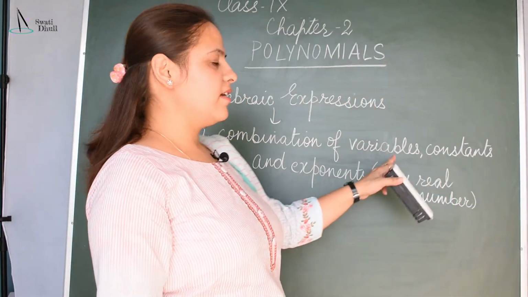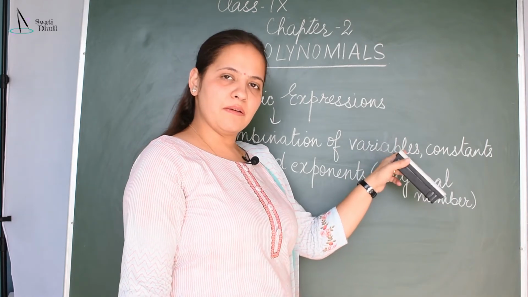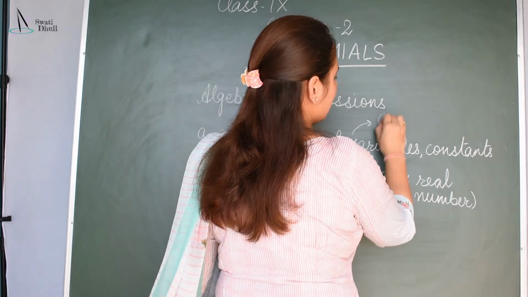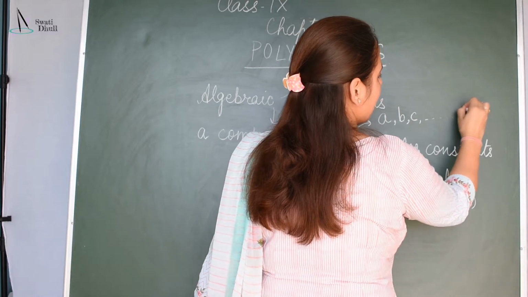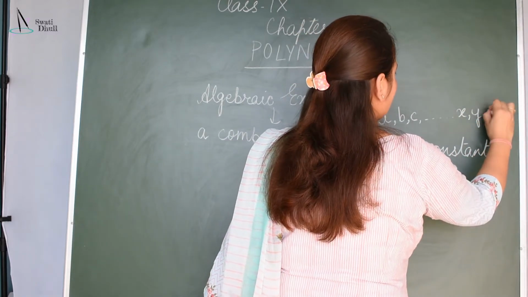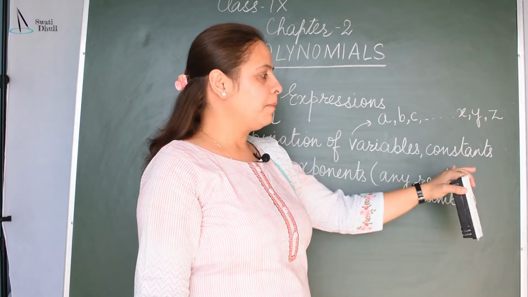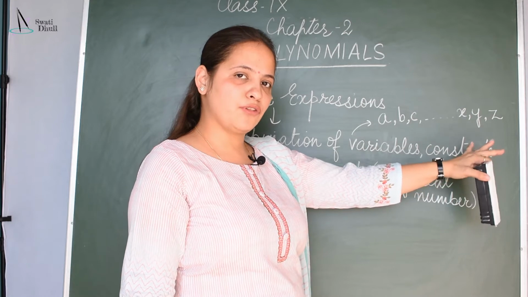So what are variables? Variables are denoted by any symbol which can take any real value, like your letters A, B, C till X, Y, Z. The variable can be denoted by any symbol. A constant is any number which will remain the same throughout.